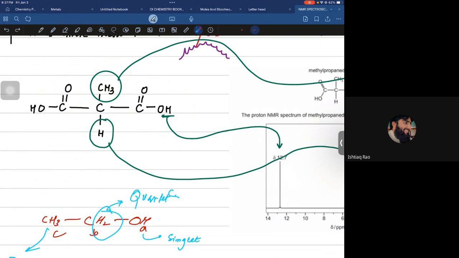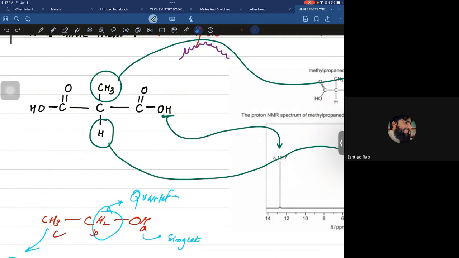Now I'm coming to the high resolution NMR. So what will happen in high resolution NMR? We would be considering the neighbor. Let's suppose I'm asking this. There is no neighbor of this hydrogen. I'm talking about neighbor as hydrogen.